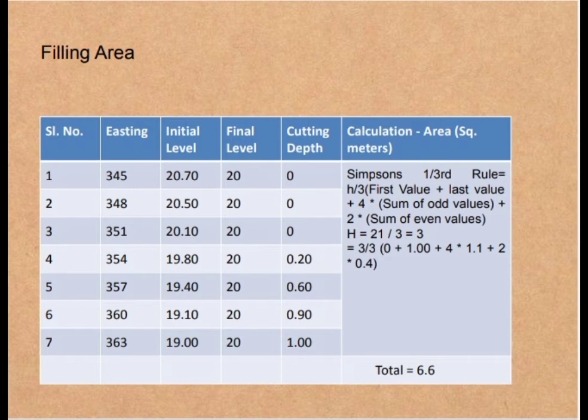So here h is equal to 21 over 3, which is equal to 3. So 3 over 3, open parentheses, plus 0 plus 1 plus 4 times 1.1 plus 2 times 0.4 is equal to 6.6.